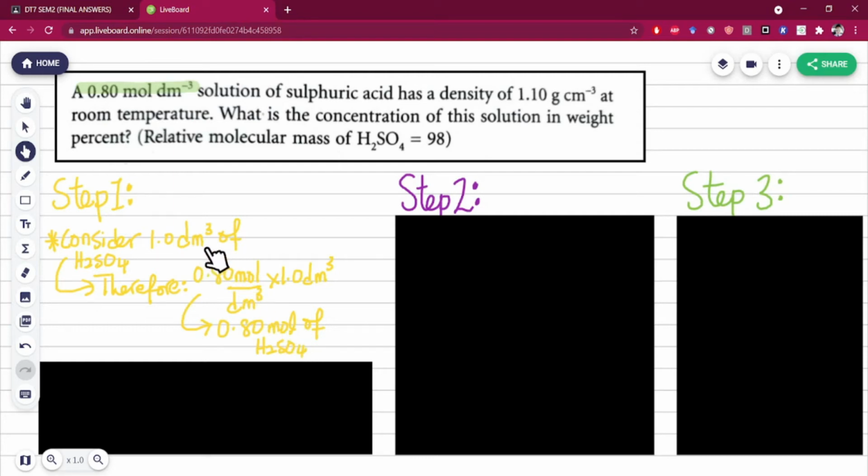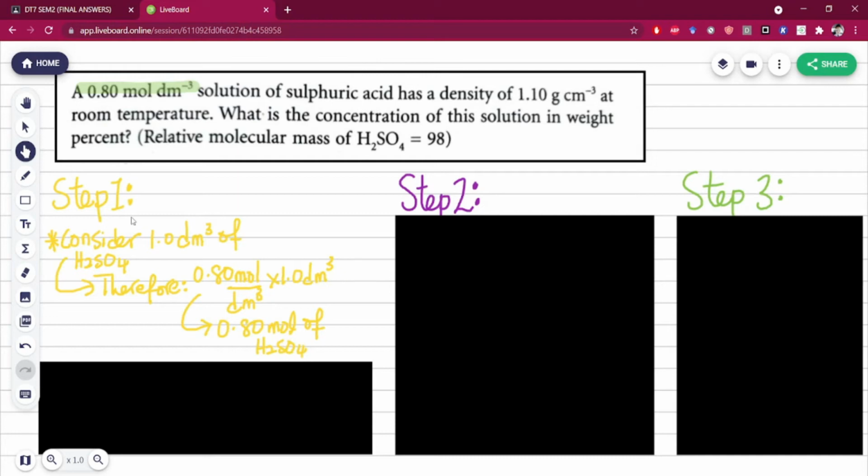That's why we need to consider 1 decimeter cubed. It's kind of like an assumption, but we are assuming from what we are given in the question. The question says you have 0.80 mole per decimeter cubed, and the question does not give you a specific volume. So that's why we can make this consideration right here. When you have 1 decimeter cubed, that means you're going to have 0.80 mole of H2SO4.